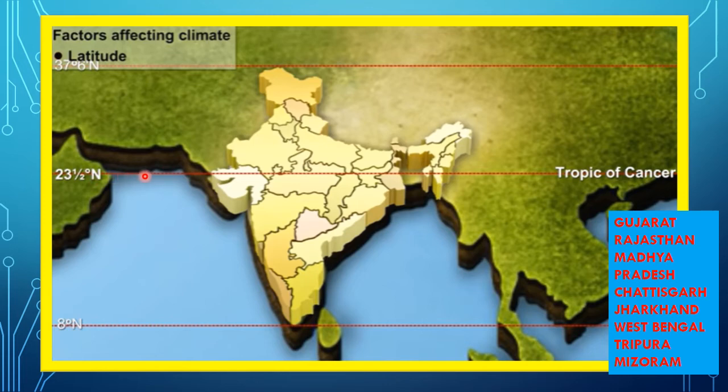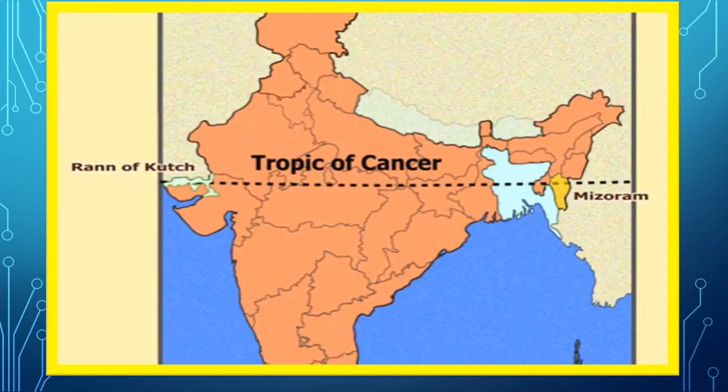Which are the states through which the Tropic of Cancer passes? It is Gujarat, Rajasthan, Madhya Pradesh, Chhattisgarh, Jharkhand, West Bengal, Tripura and Mizoram. Here is another map showing the Tropic of Cancer passing through India. It starts from the Rann of Kutch and ends at Mizoram, dividing our country into almost two equal halves.